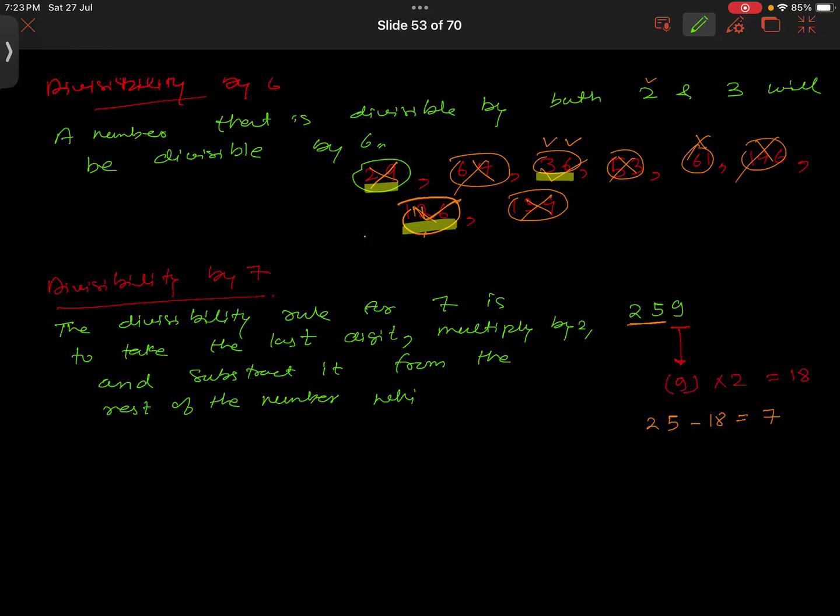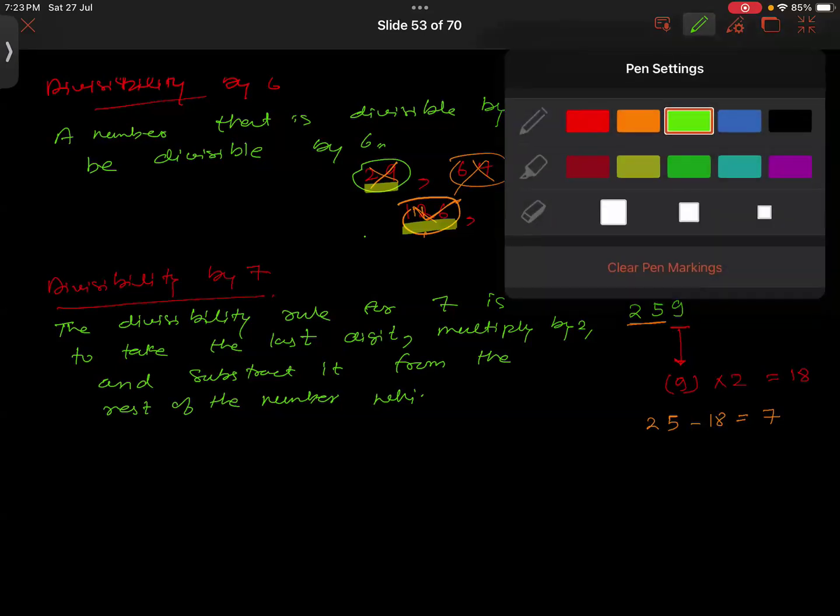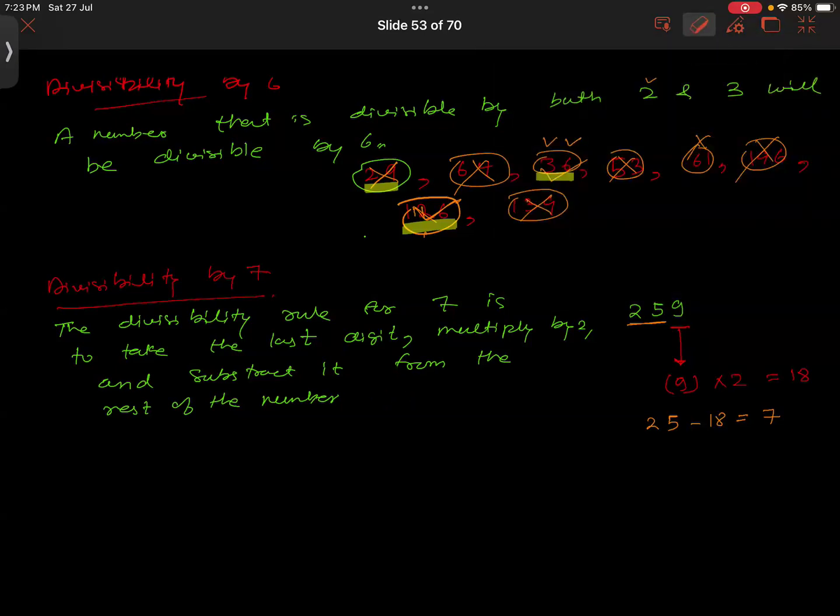Yes. And subtract it from the rest of the digits, without the last digit. Now, furthermore, we will find whether the result is divisible by 7. The result we obtained was 7.